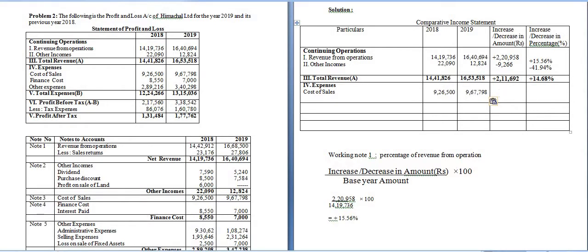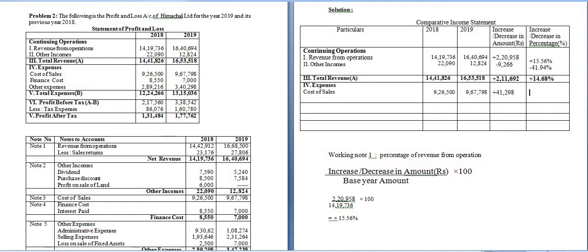Now we have to check whether the amount has increased or decreased. Yes, the amount has increased from 9,26,500 to 9,67,798, which is 41,298.